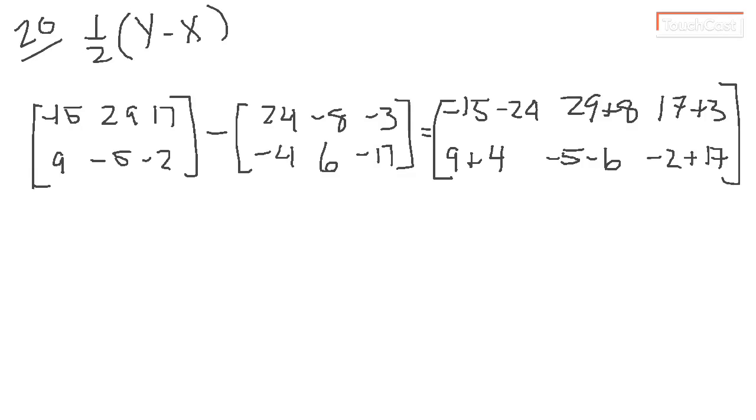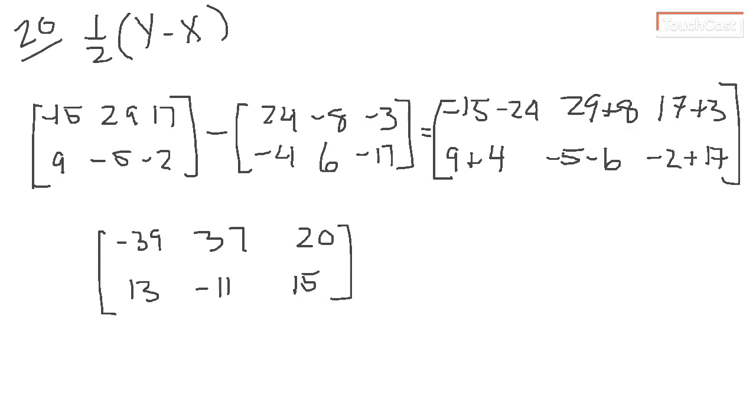Now let's combine everything. Negative 15 minus 24 is going to give us negative 39. We're going to get 37 from 29 plus 8, and 20 from 17 plus 3. We're going to get 13, negative 11, and 15. We're almost done because there's one last thing.